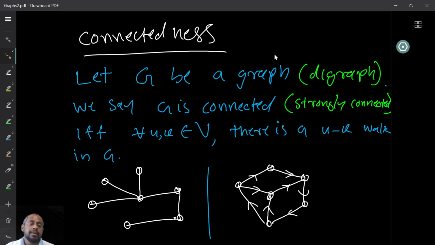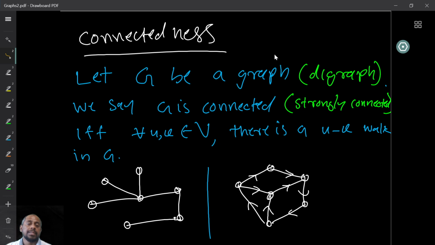We say that the graph G is connected, and respectively strongly connected, if and only if for every pair of vertices u and v there is a uv walk in G. Okay, so when I say for every pair of vertices u and v there is a uv walk, the walk must be there for vu also in the case of directed graphs, and in the case of undirected graphs it is automatic.